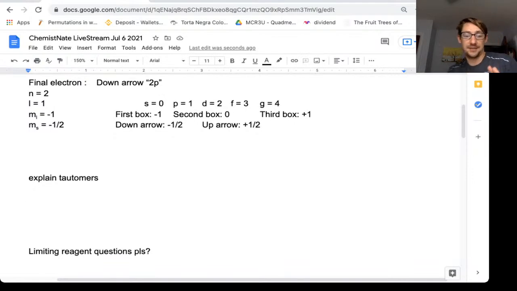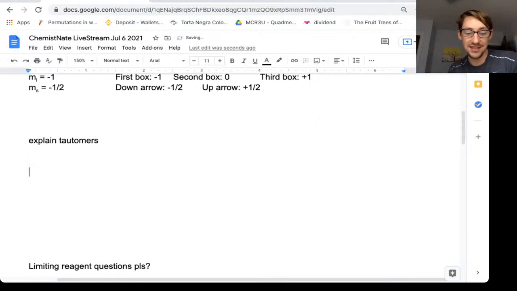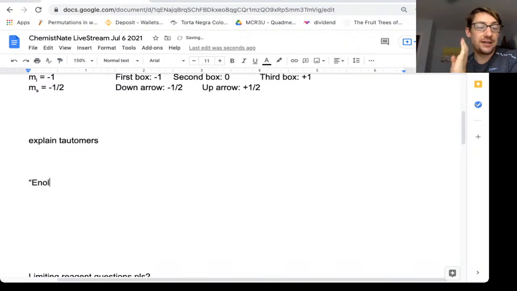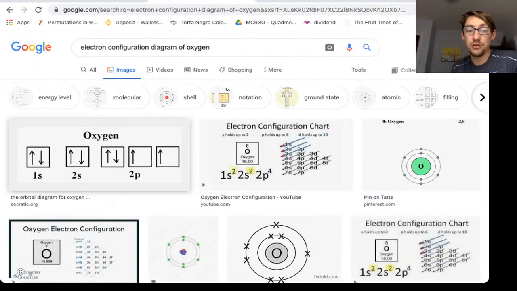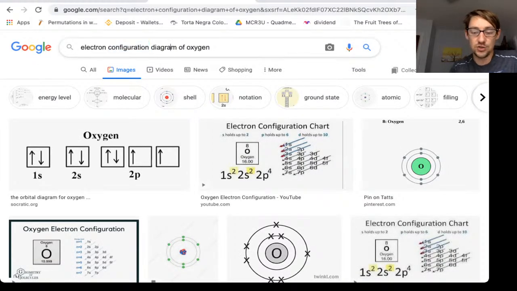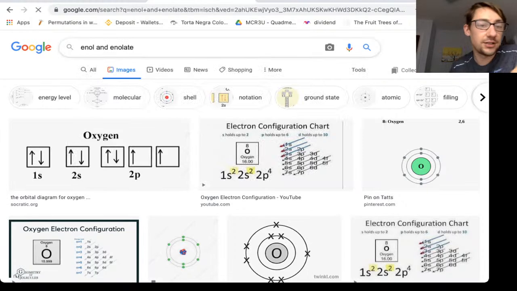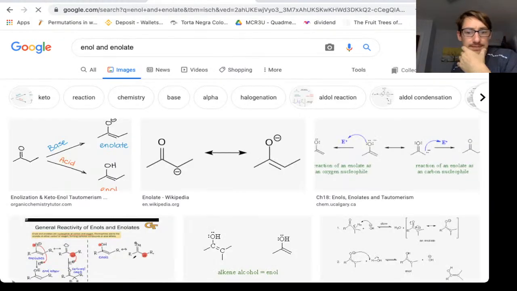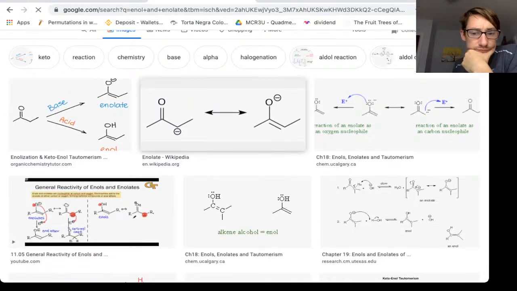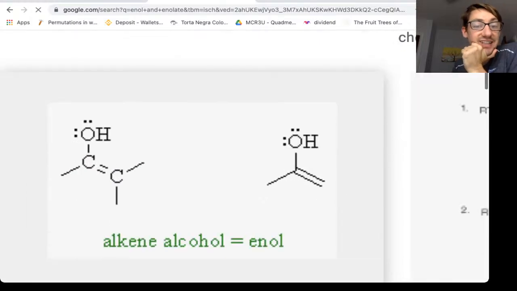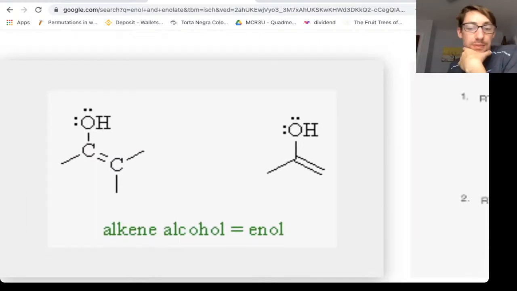Cool. Okay. Quick explainer on tautomers. I am not great at these. The only experience I have with them are things called enols. It's going to be better if I show you a picture here. What we've got in this picture is a double bond next to an OH group.